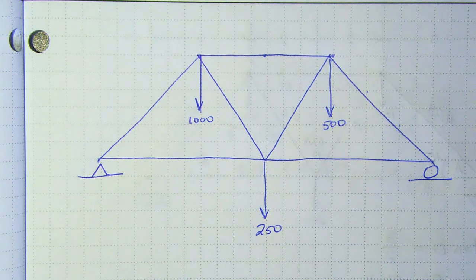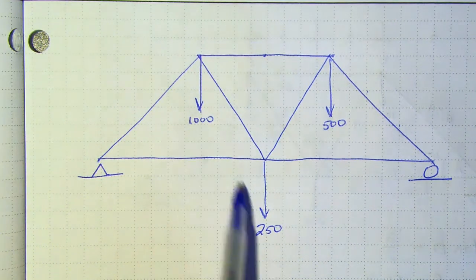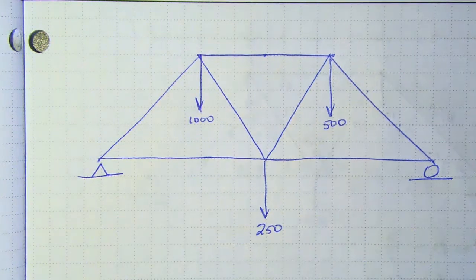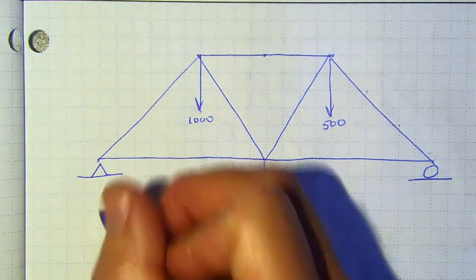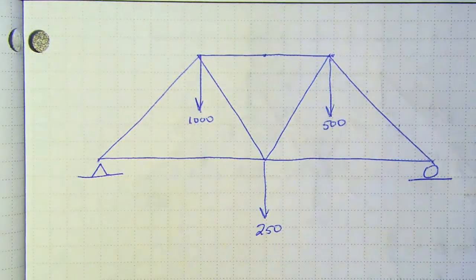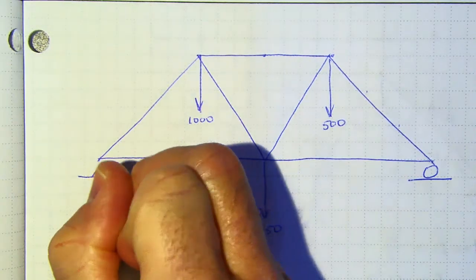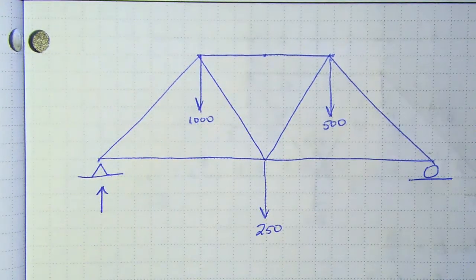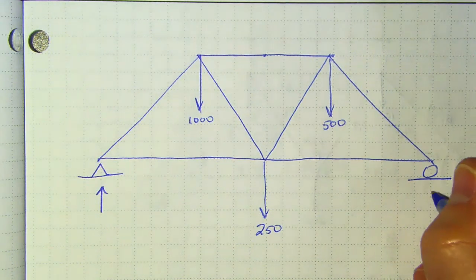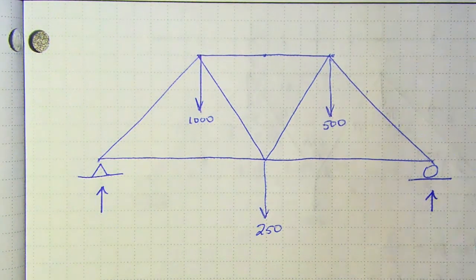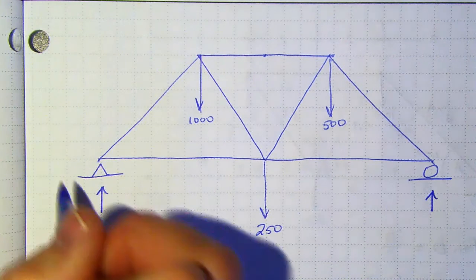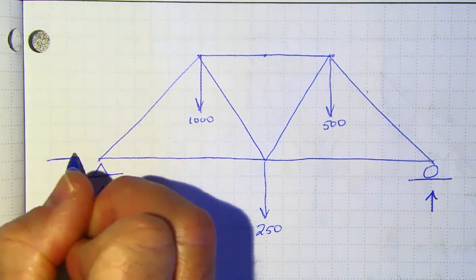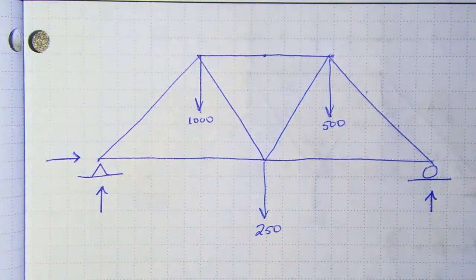But what we can do to get started is we figure out that here are 3 forces that are all downward. And these supports, this is called a pin support and a roller support. A pin support has a support force that's vertical, and a roller has a support force that is vertical. And it turns out a pin also has a horizontal force, but we'll deal with that later.